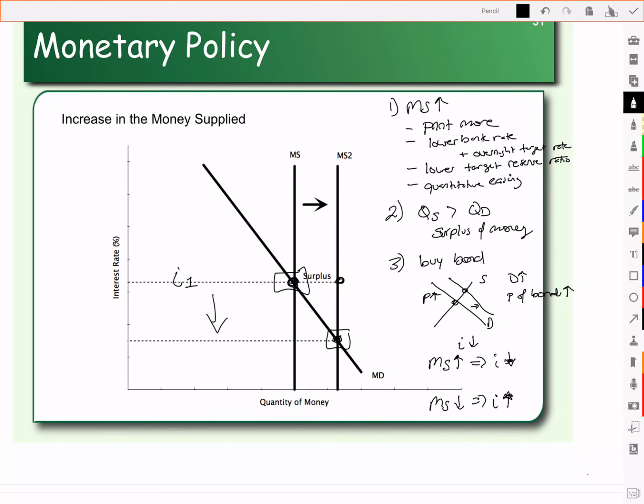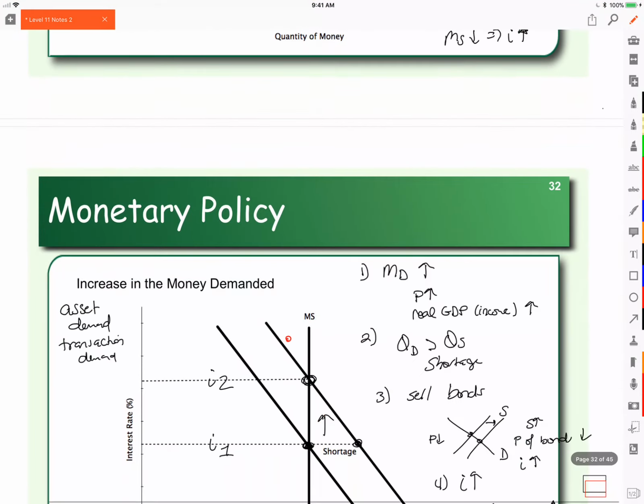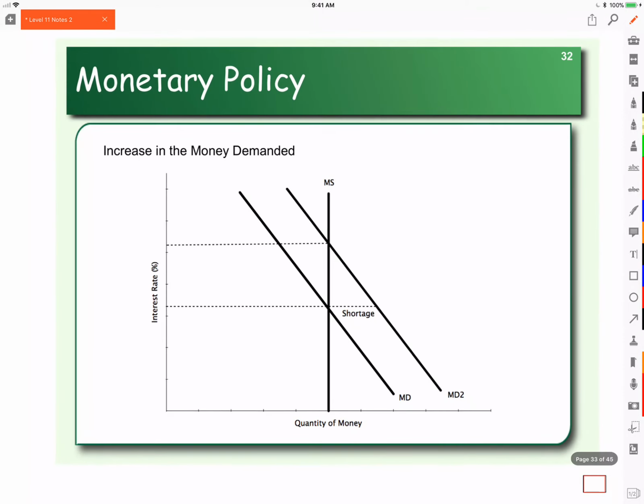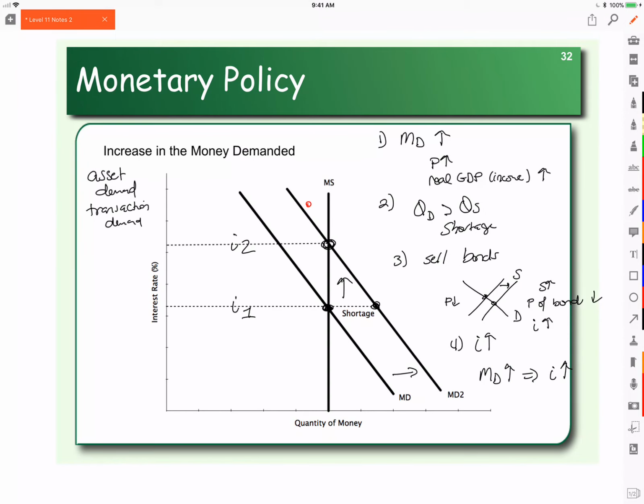They go up. And we looked at the demand for money. When the demand for money increased, it created a shortage of cash. We sold our bonds. That drove up the interest rate. So when the demand for money increased, interest rates went up.